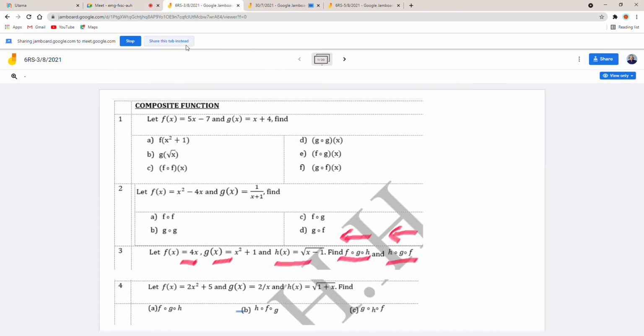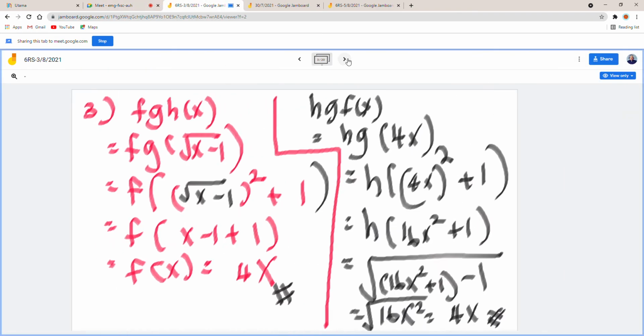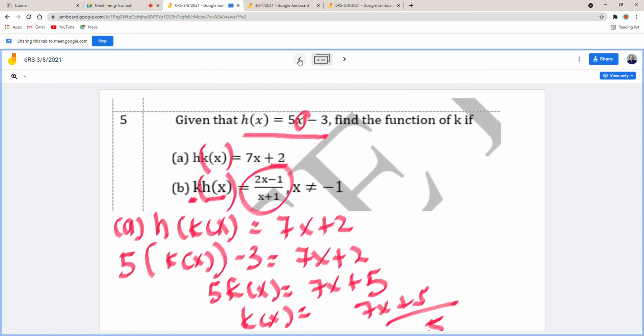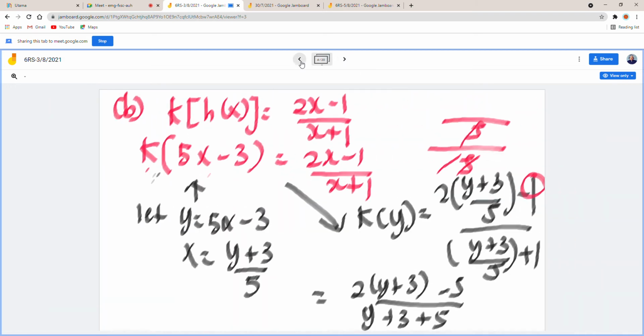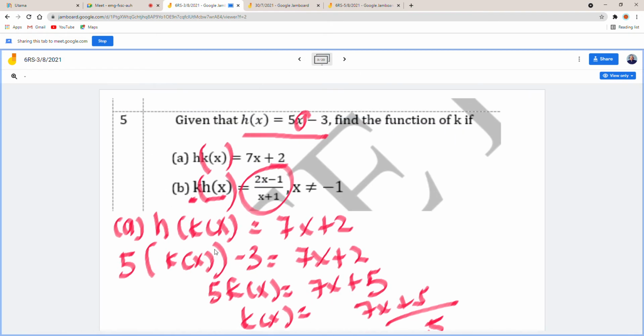Now I go for question 5. Here you have to apply some inverse method. This one you can easily find because they ask to find the inside function.